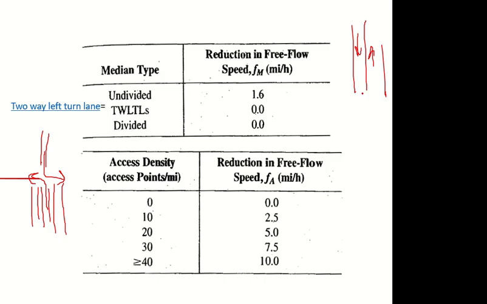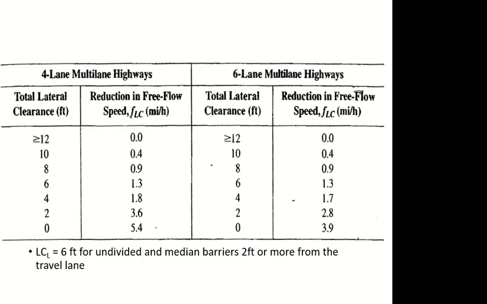If the highway is undivided, I'll take factor 1.6 from here for median type. For lateral clearance factor, I'll assume that the left hand side lateral clearance is actually 6 feet full. 6 feet is considered ideal. So for example, you have an undivided highway. On the right hand side, you have lateral clearance 2 feet.